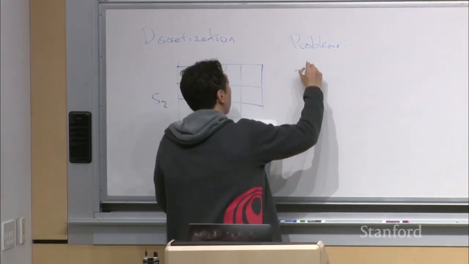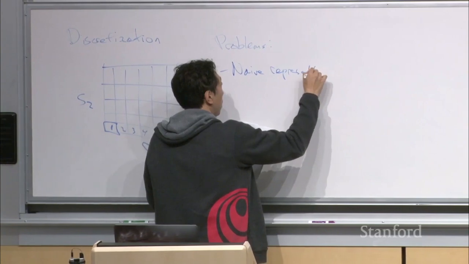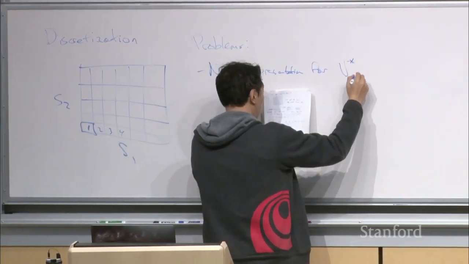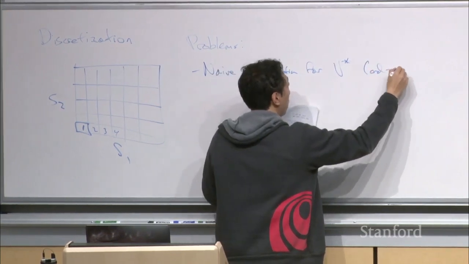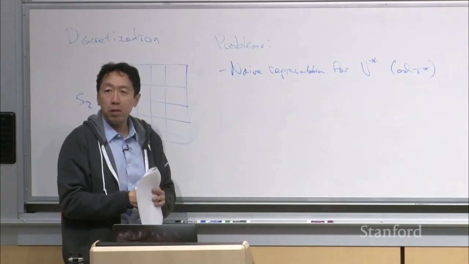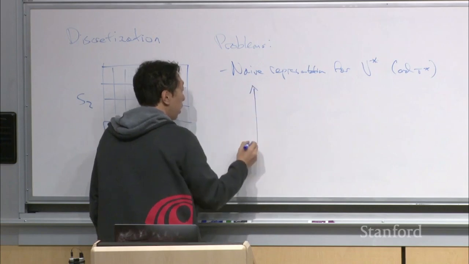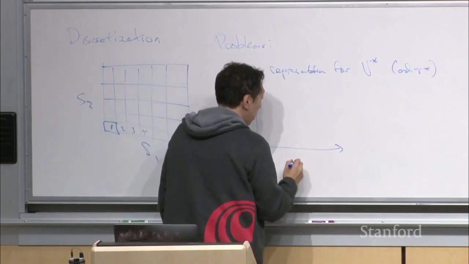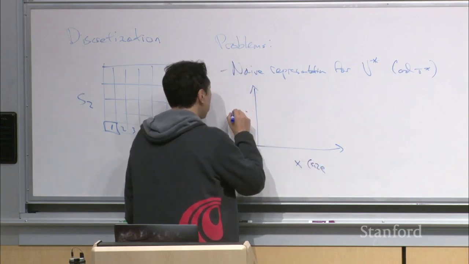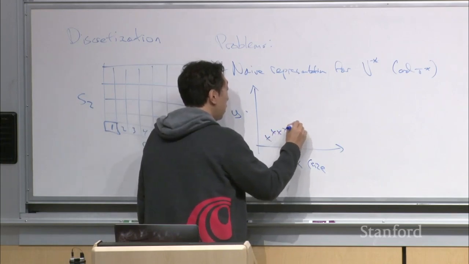This is kind of a naive representation for V star and pi star, right? Remember the very first problem we talked about, of predicting housing prices? Imagine if x was the size of a house and the vertical axis was the price of a house, and you had a data set that looked like this.